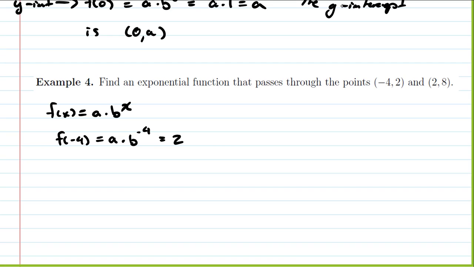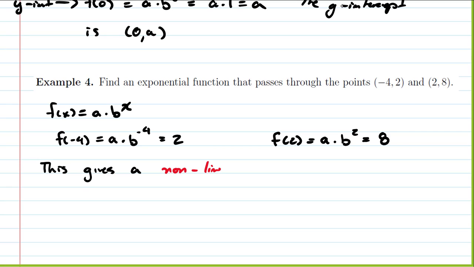And we also have that f of 2 is equal to a times b squared, and that is supposed to equal 8. So this gives a nonlinear system of equations.